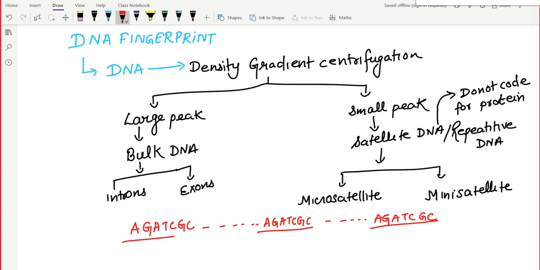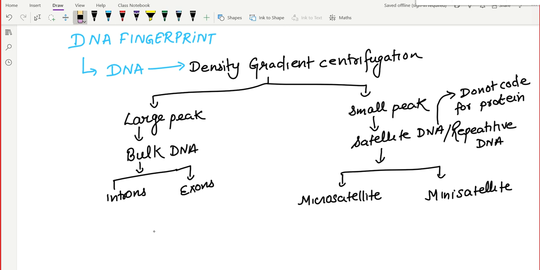The length of this repetitive sequence determines whether it belongs to the microsatellite portion or the minisatellite portion. So what is the difference in length? A microsatellite repetitive DNA sequence ranges from 2 to 7 nucleotides long, or sometimes 2 to 10 nucleotides long.